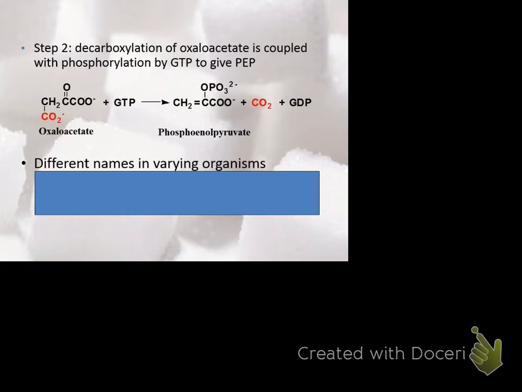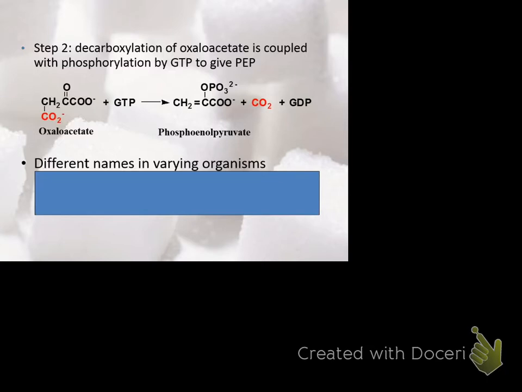All right, and so this one, there's decarboxylation of oxaloacetate via phosphorylation by GTP. So what class or classes of enzymes could this possibly be? It could be a kinase. What else could it be? A decarboxylase.